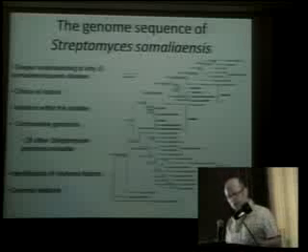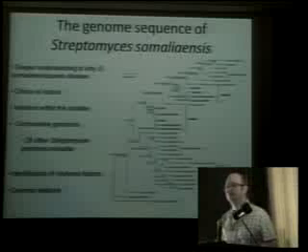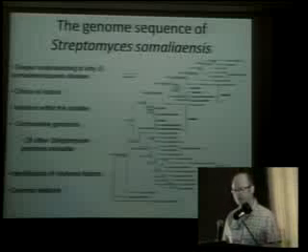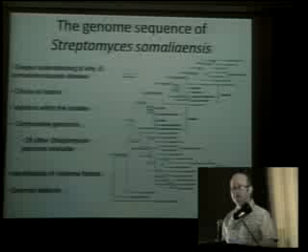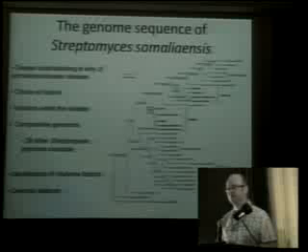So one of the ways that we would like to try and understand this organism is through genome sequencing, which then, as I've alluded to with the Nocardia story, is to try and then develop tools to study the pathogenicity of these organisms and try and understand their ecology and their biogeography.